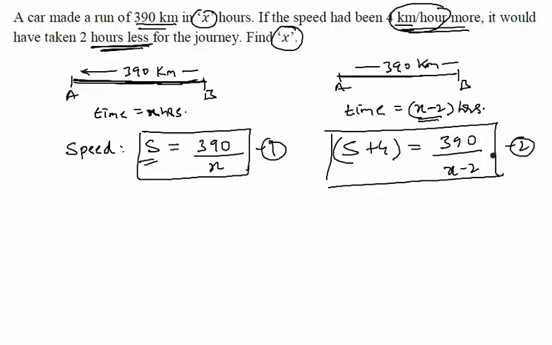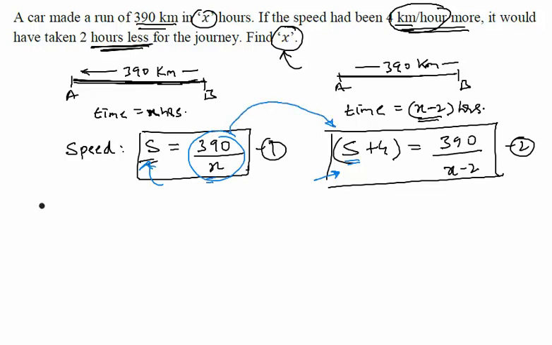So from these two equations, we have to find what? We have to find the value of X. So what can you do now? Look at this second equation. Your second equation has the term S, but we already know the value of S in terms of X. It is 390 upon X. So let us use this value in the second equation.